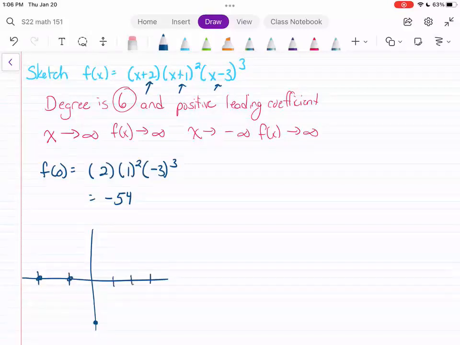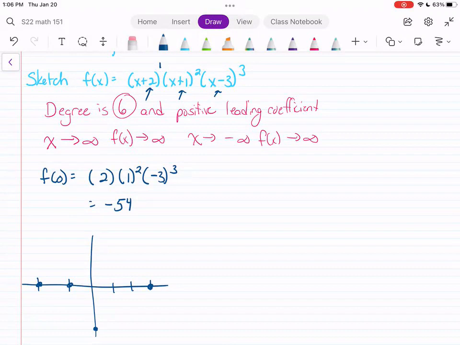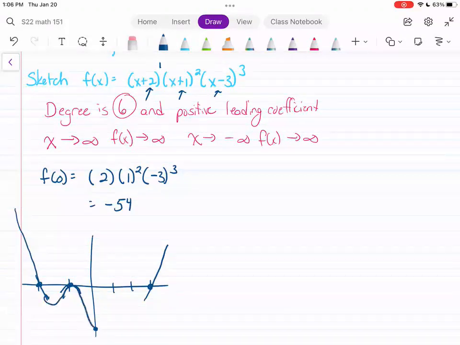Now, from what we've just studied, we know that because k here is 1, which means k is odd, it's going to cross the axis here. We know it's going to stay on the same side here, and k is odd here, so it's going to cross. So from all of this information, we can get a somewhat better picture of what our graph is going to look like using this idea of multiplicity of zeros.